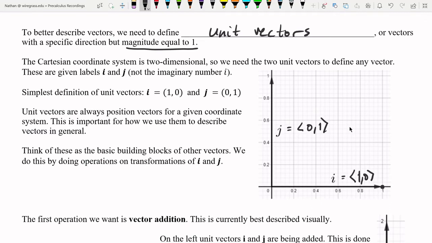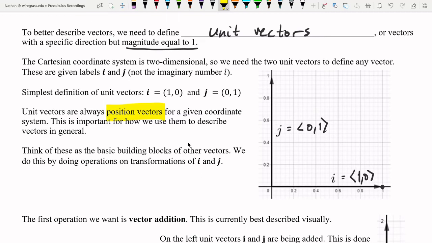So unit vectors are always going to be position vectors. We want them to be position vectors because we always want them to show us where the starting point is. And every coordinate system has a starting point called the origin. So the origin is very important for working with unit vectors.